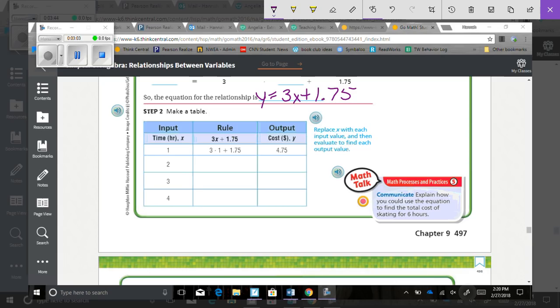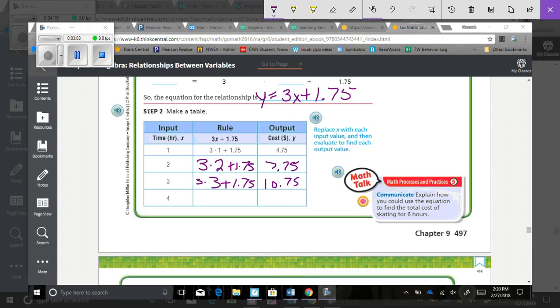If we do 2 hours, we're going to do 3 times 2 plus $1.75. So 3 times 2 is 6 plus $1.75 is $7.75. If we do 3 hours, we're just plugging in that 3 for x. So we're going to do 3 times 3 plus $1.75. 3 times 3 is 9, plus $1.75 is $10.75.